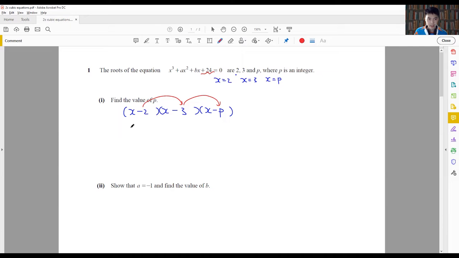So to rewrite that, you just have negative 2 multiplied by negative 3 multiplied by negative p, and this would equal 24. Solving the equation from here, negative p would equal 24 divided by 2 times 3, 6, 24 divided by 6, 4, okay? And p would therefore equal negative 4, okay?